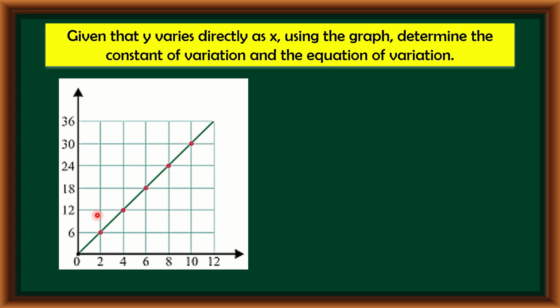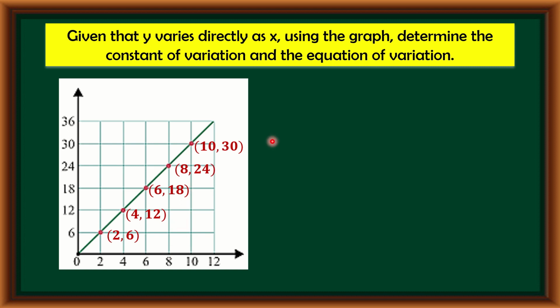Remember that to find the constant and equation of variation, you must identify at least one point in the graph. For example, from this graph, we have the points (2, 6), (4, 12), (6, 18), (8, 24), and (10, 30). Again, just pick one point from this graph.